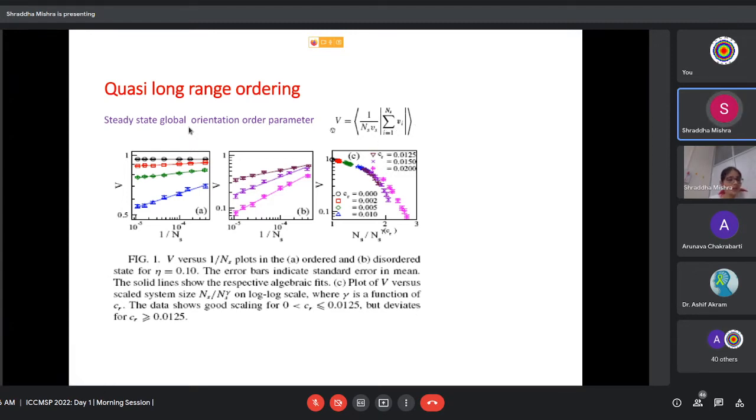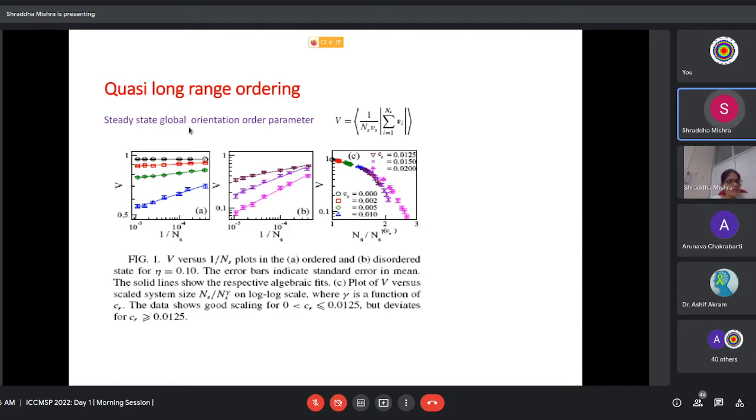We measured this quantity for different system sizes and for different obstacle, or rotator, densities. The different colors denote different obstacle densities. The black is for zero, the clean case. This is actually the Vicsek model, where as I increase the system size, even for very large system sizes, I see an almost flat curve.